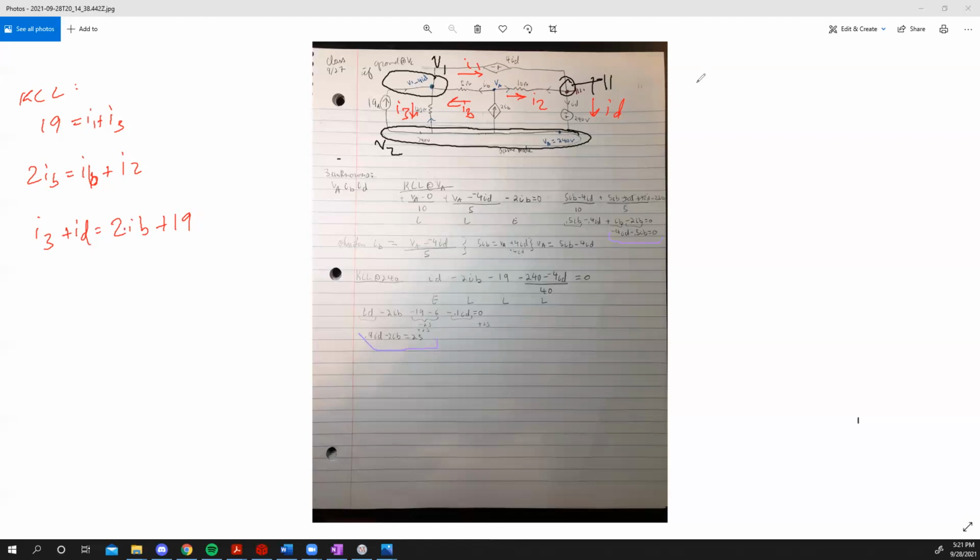And then EFC, sorry, EMF or EFC would be I3 equals V1 minus V2 over 40. 0 minus V1 equals 4 times ID.